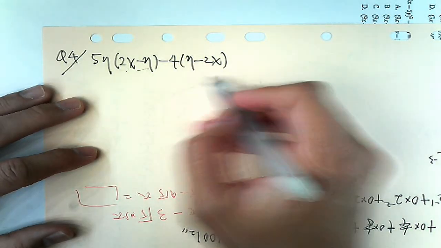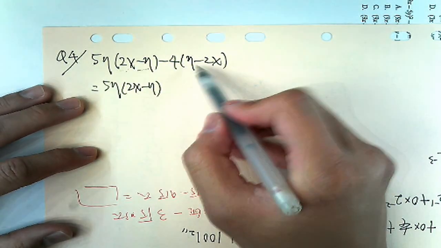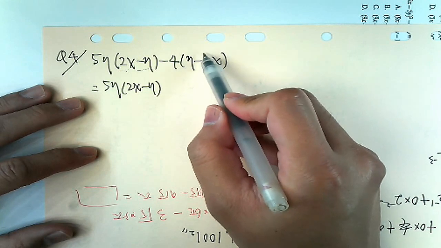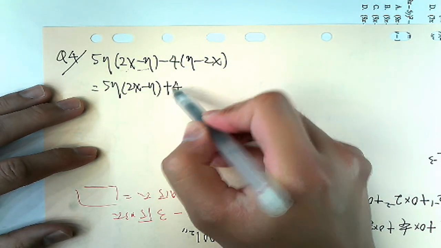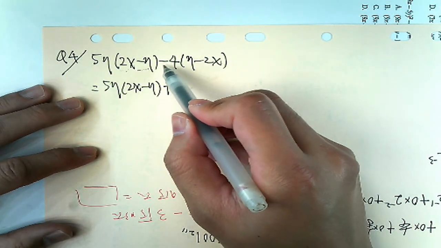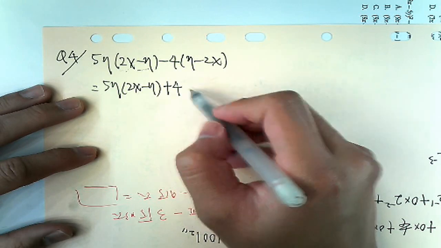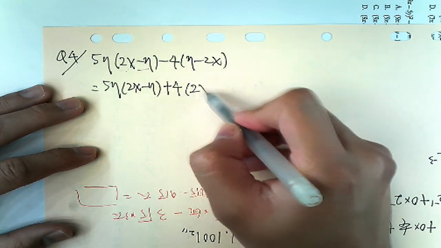So how can you make it reverse? Follow me. You just pull out a negative. Make this become positive. Understand? Look at here. Make this minus 4 become positive 4. So the inside things can change the minus order.